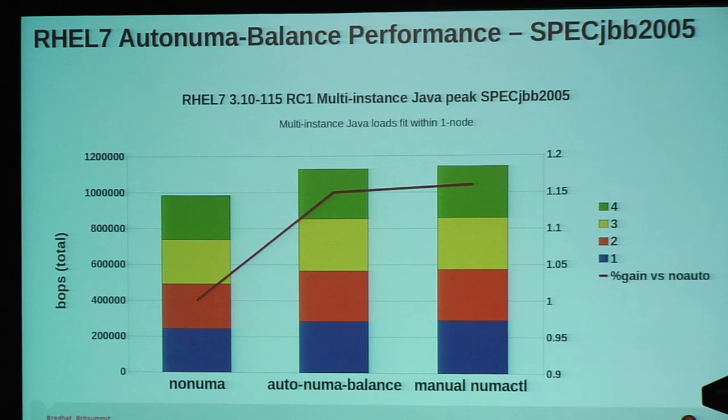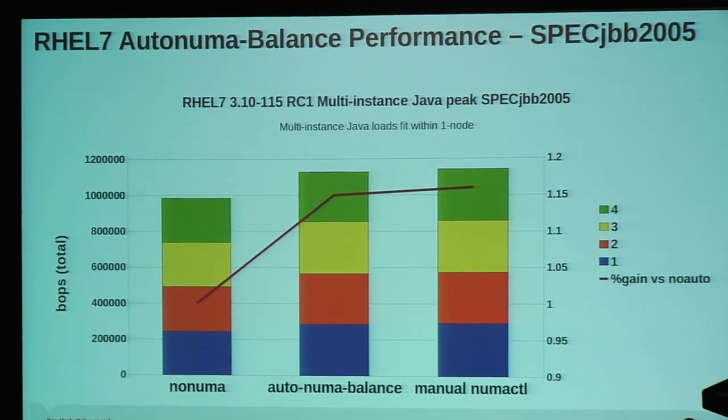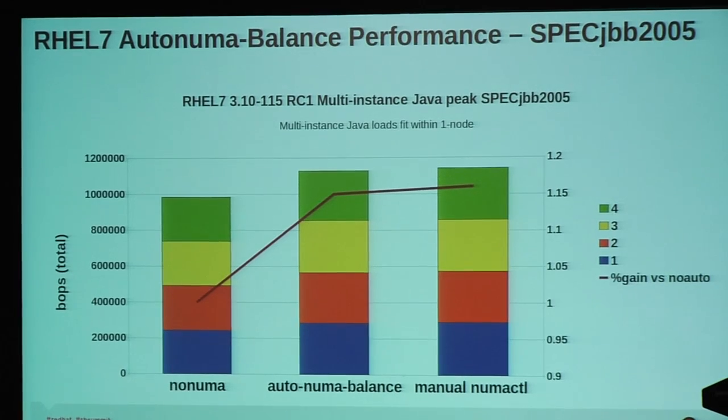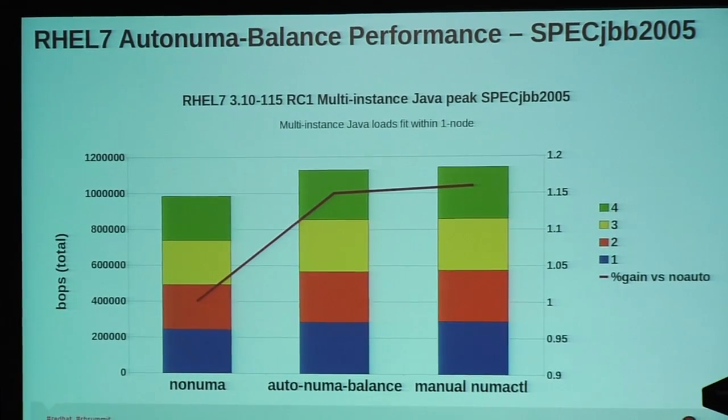With AutoNUMA balance, we can check ourselves by hand tuning with what's called numactl. Numactl allows you to specify both what CPUs you run on and where the memory is. If you understand NUMA, you know the memory controllers are on chip, and based on the numactl hardware map, you can see not all memory is created equal. That's what gives you about a 15% gain.